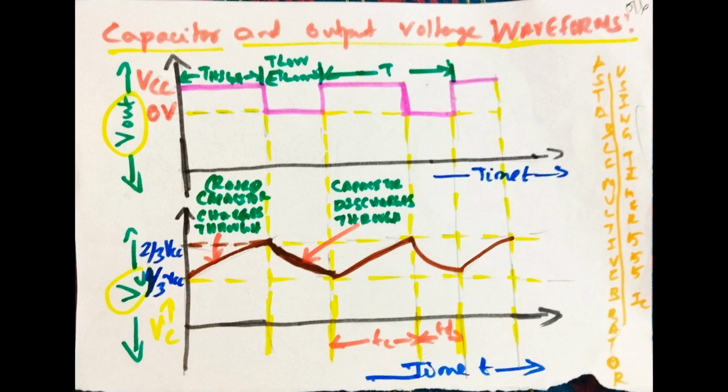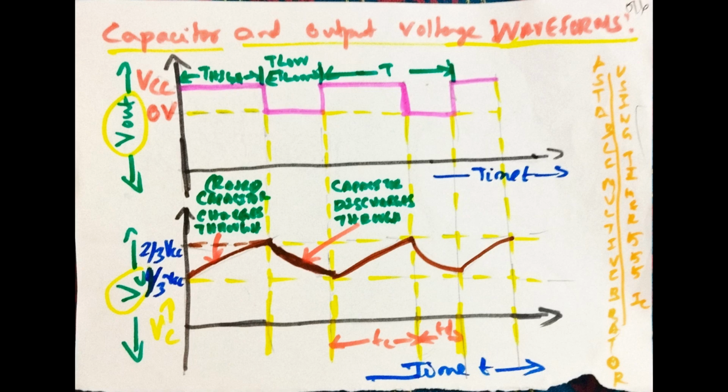Astable multivibrator using 555 timer IC, the output waveform and capacitor voltage waveform are shown in the figure. In this figure, the capacitor charges and discharges as shown. The capacitor voltage goes from 1 by 3 VCC to 2 by 3 VCC.